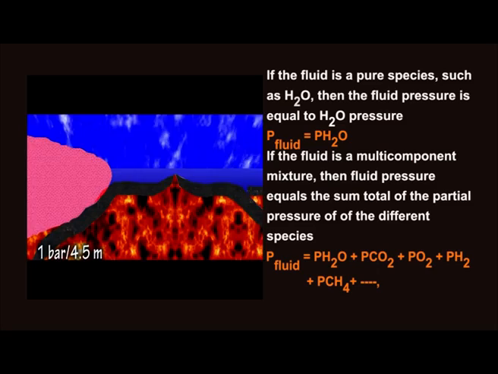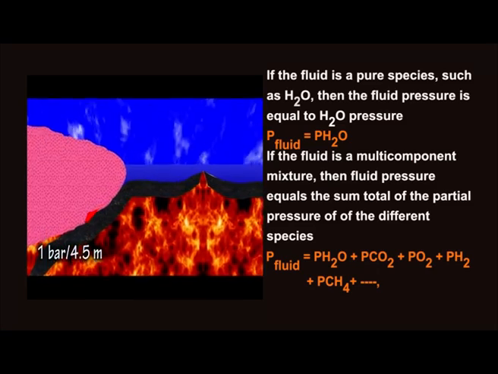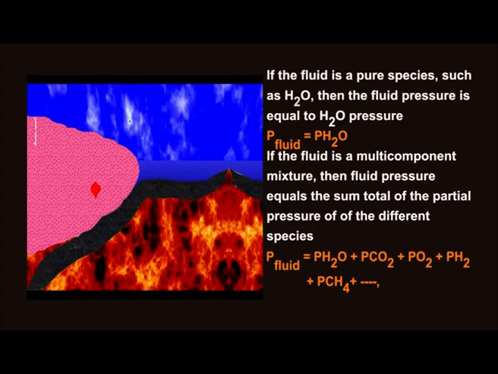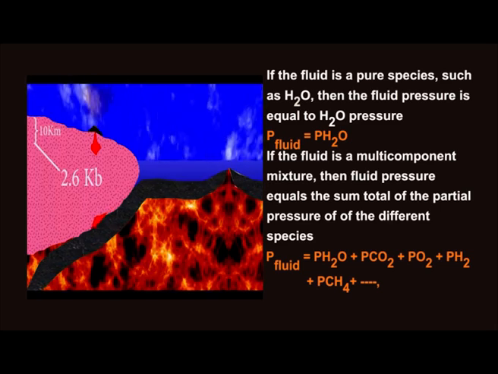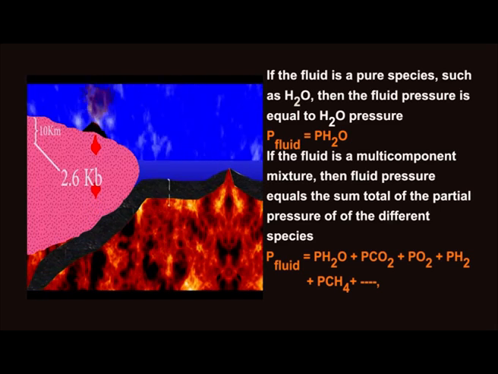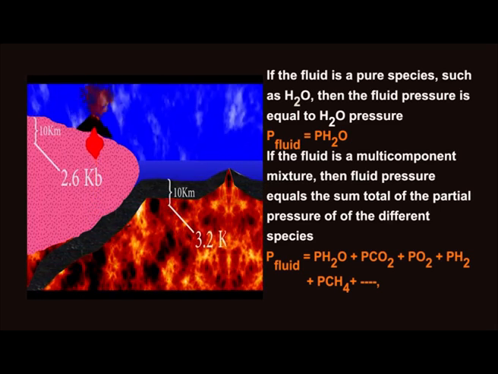Fluid pressure is simply the pressure of metamorphic fluids. If the fluid is a pure species such as H2O, then the fluid pressure is equal to PH2O, P fluid equals PH2O.